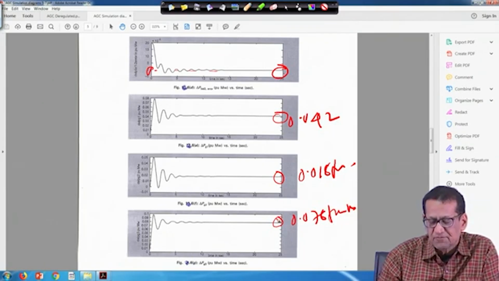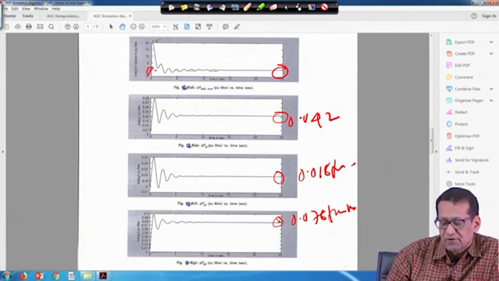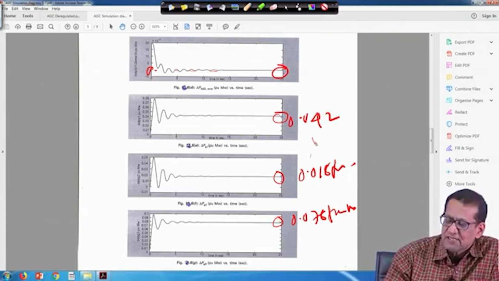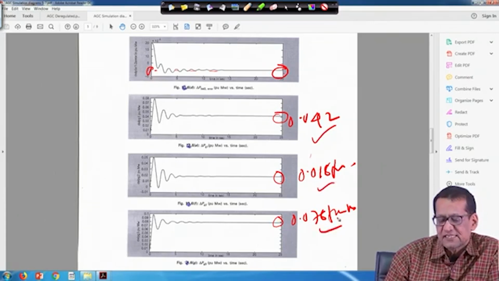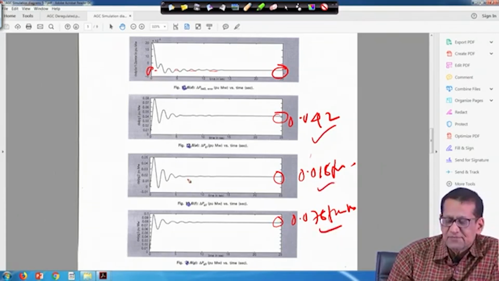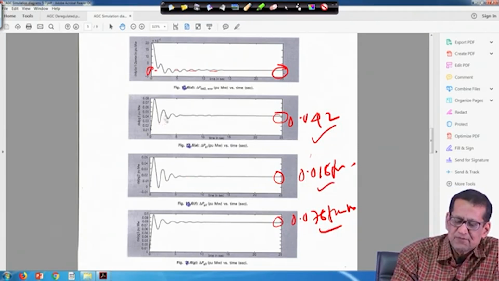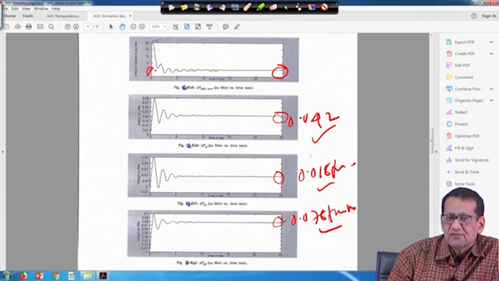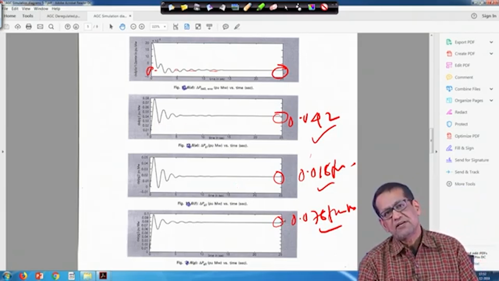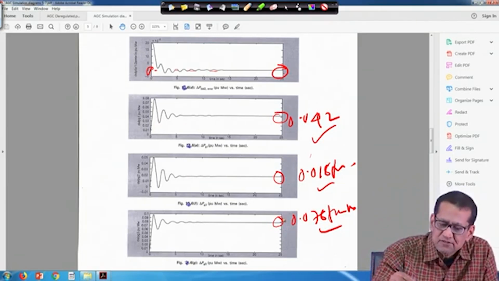Next I will come to delta Pg4 on the next page. So, all the things are matching at the steady state. During transient some oscillations will be there, finally it will come to the steady state values, right.